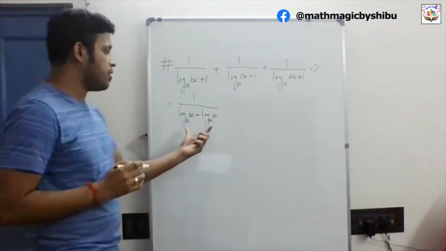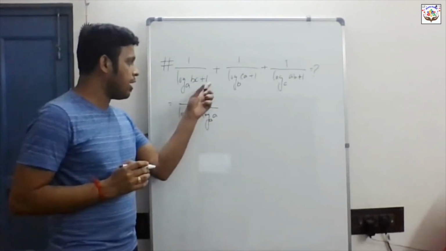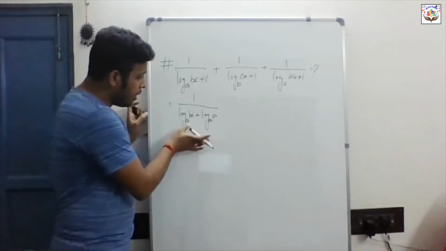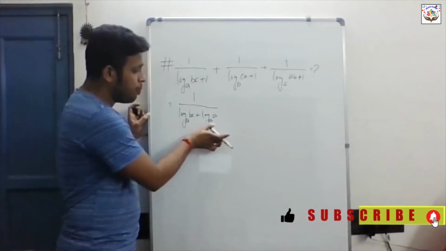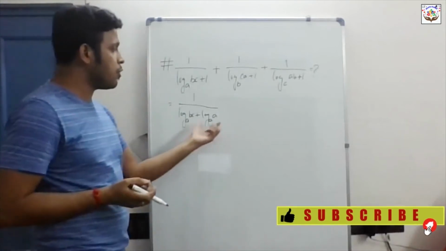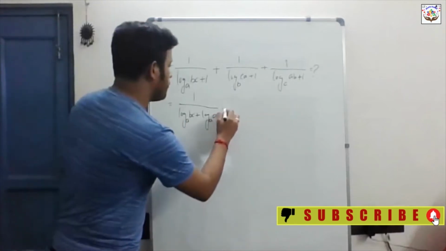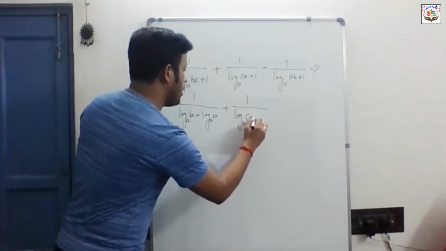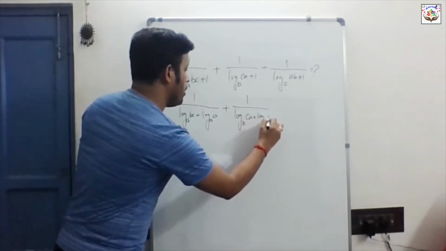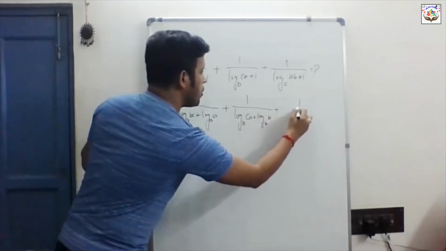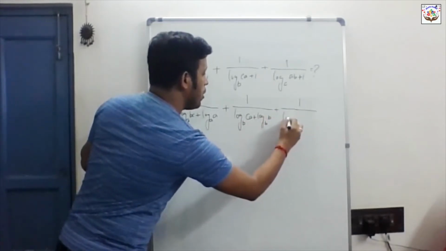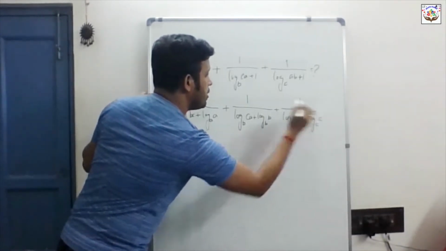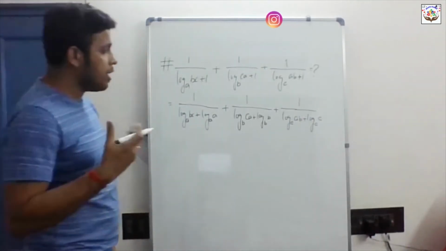I hope it is understood why I have written log a in place of 1, because we need to make this base the same. A similar concept we can apply for these two cases: log b ca plus log b b, plus 1 by log c ab plus log c c.